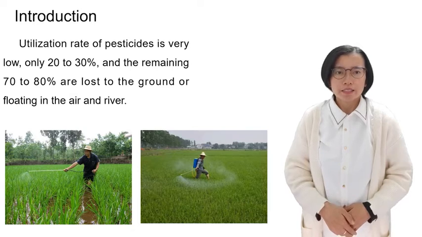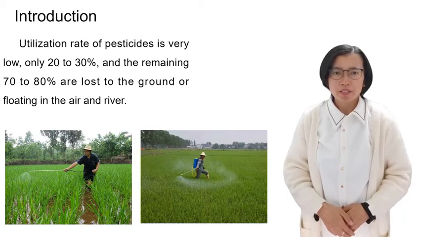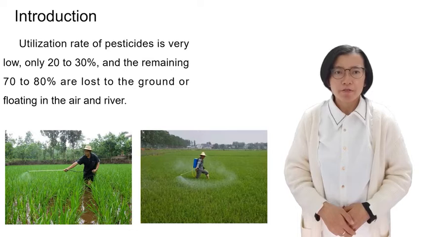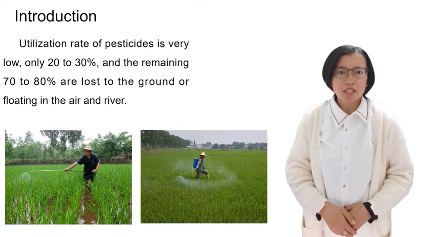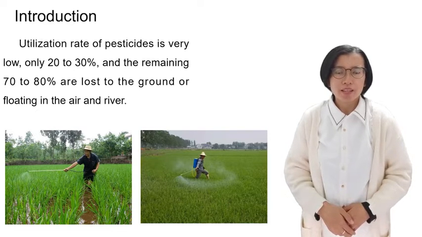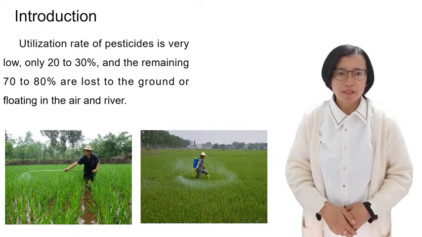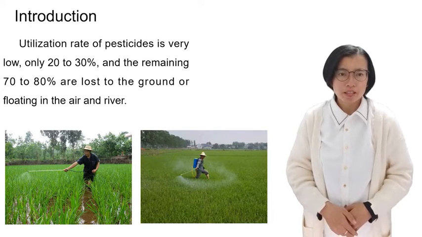China imported the single-cylinder sprayer and hand duster in the 1950s. At present, the commonly used spraying machinery is the manual or mobile spray duster. But the utilization rate of pesticide is very low, only about 20 to 30%.